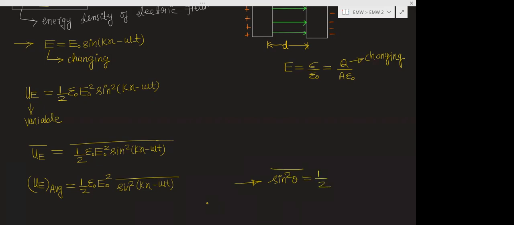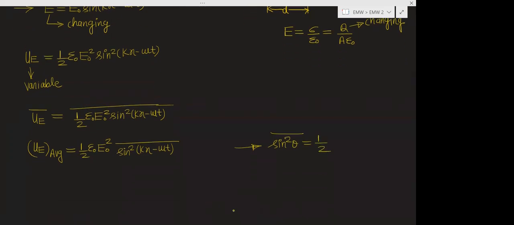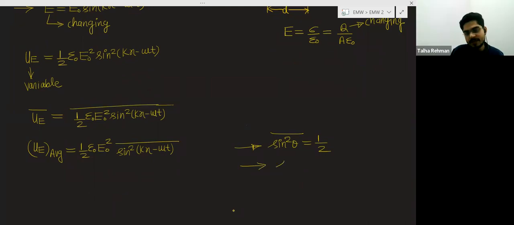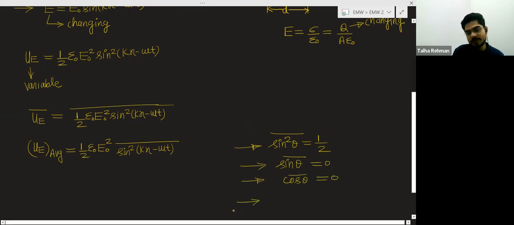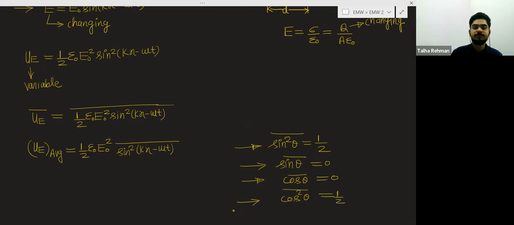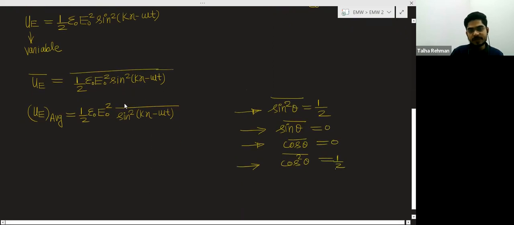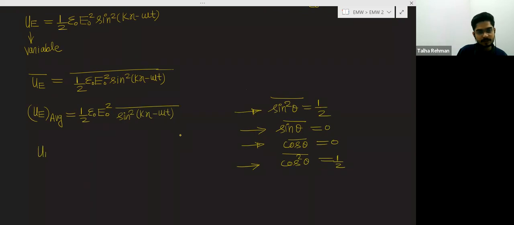If I am saying the average value of sine, that is equal to 0. The average value of cos is equal to 0. The average value of cos square is equal to half. Now the average value of sine square is half, so you will get this value.